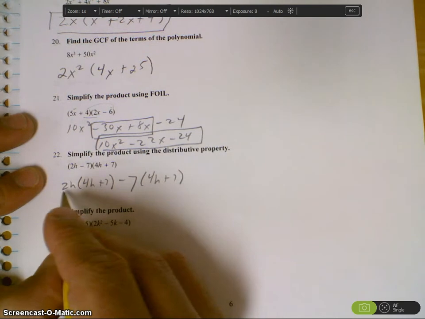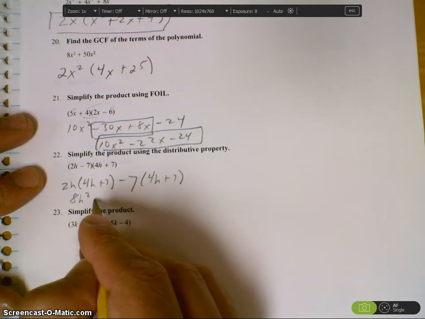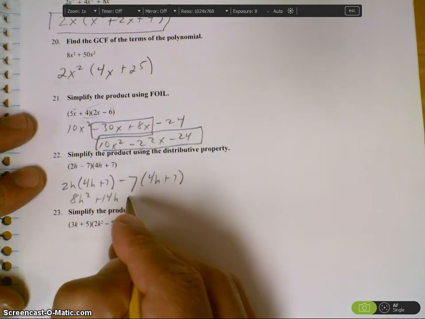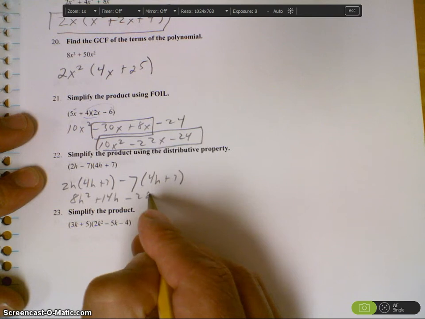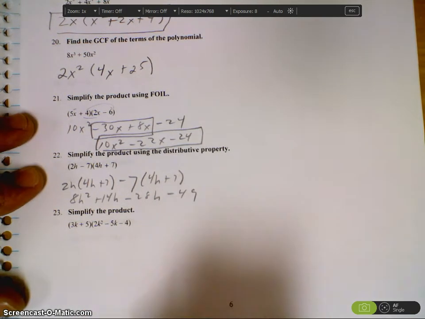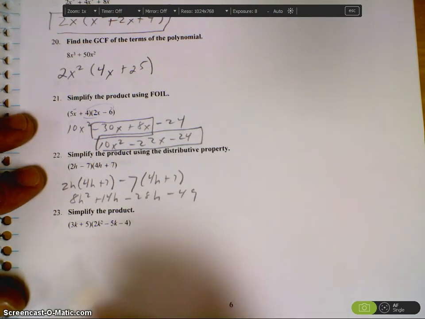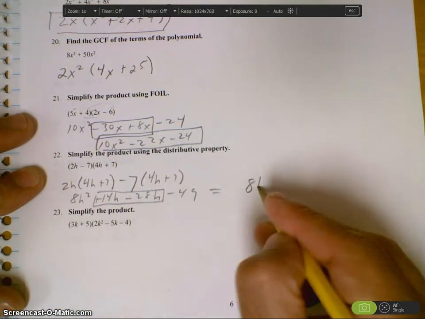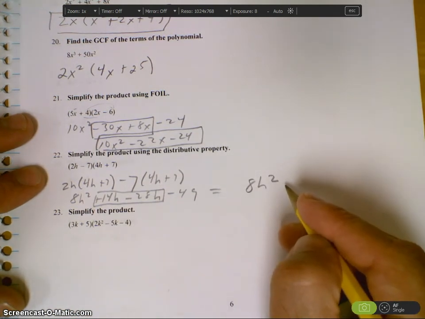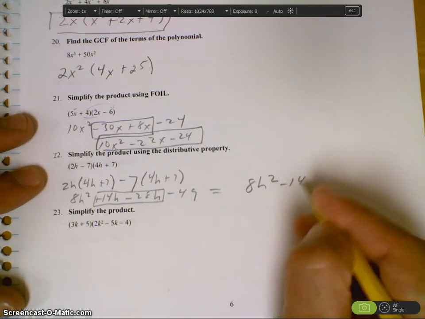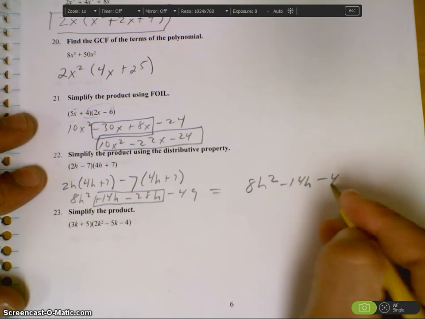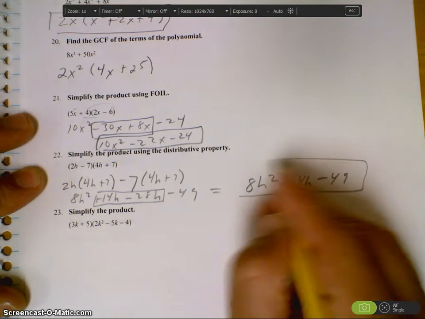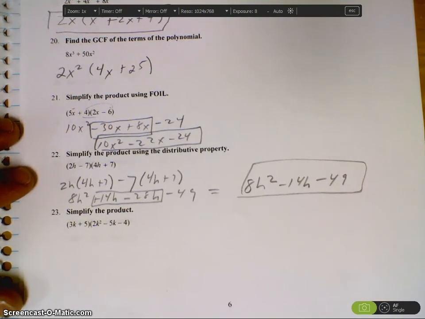I'm then going to distribute. And then I'm going to combine my like terms again, and that's going to give me 8h squared. 14 and negative 28 is negative 14h minus 49 is my answer for that one.